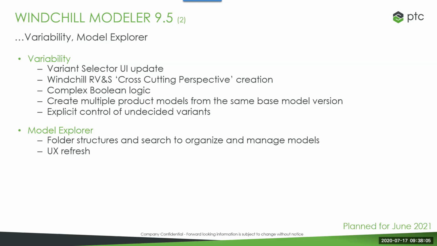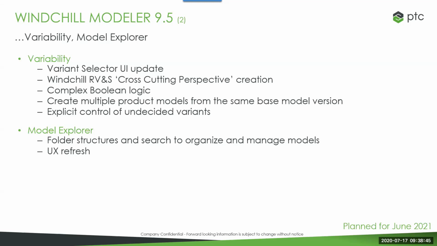And then let's collect all of those in one of these cross-cutting perspectives. So obviously this gives us global configuration concepts. We can use our OSLC links that are in place to make the selection of the requirements. And this is something that quite a few customers have asked for, and obviously on the RVNS side, a lot of customers are after variability. So the strategic direction is to use Modeler to be the variability engine, but then to drive the collection of requirements based on the Modeler product model.